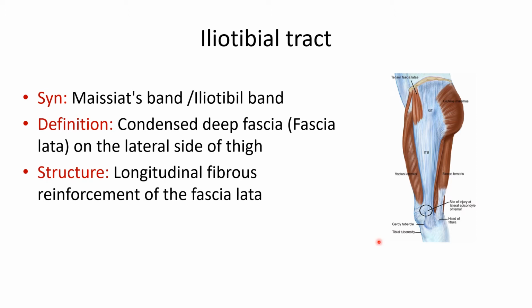So it's nothing but deep fascia on the lateral aspect of thigh, and it consists of longitudinally arranged fibers, which is a reinforcement of fascia lata. So it is a reinforcement of fascia lata.